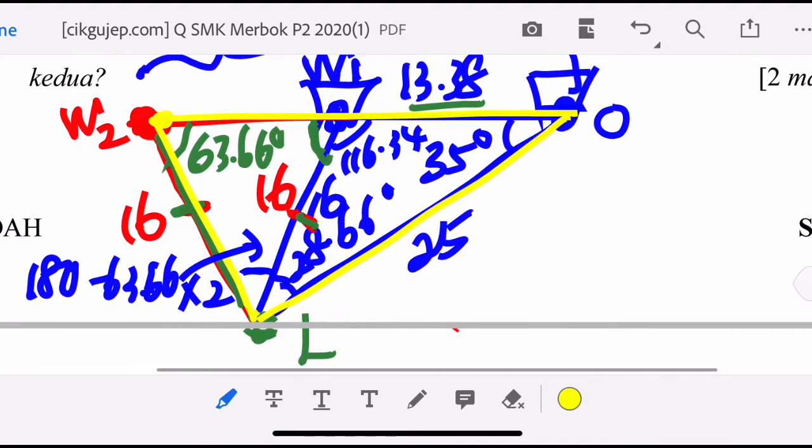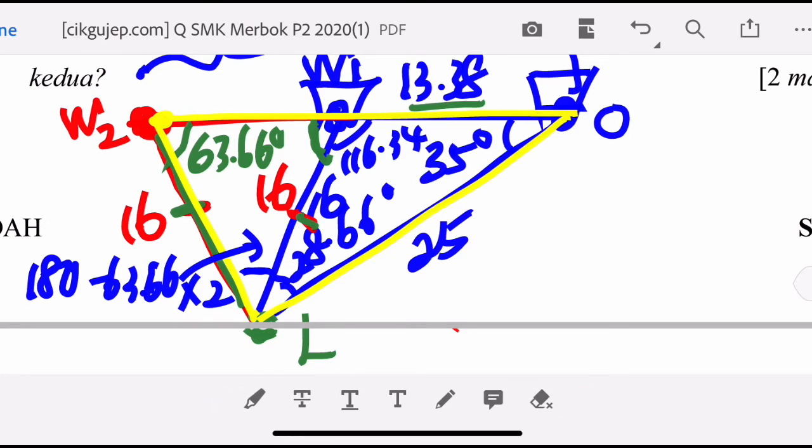Then you focus on the big yellow triangle and solve, or you can use the cosine rule, or use the small one, no problem. You can use many solutions.